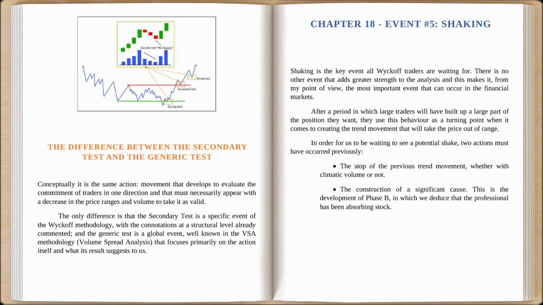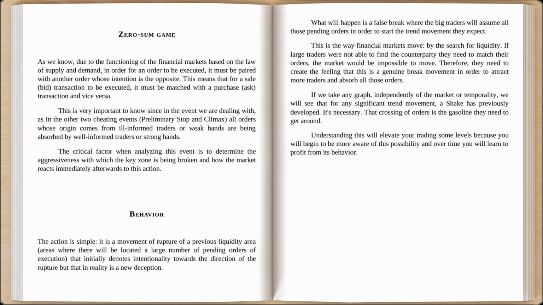This is the development of phase B, in which we deduce that the professional has been absorbing stock. Zero-sum game. As we know, due to the functioning of the financial markets based on the law of supply and demand, in order for an order to be executed, it must be paired with another order whose intention is the opposite.